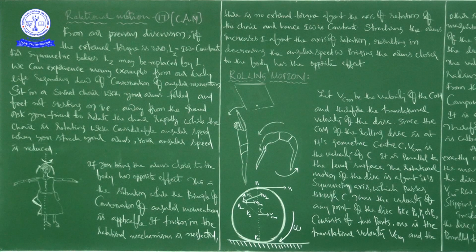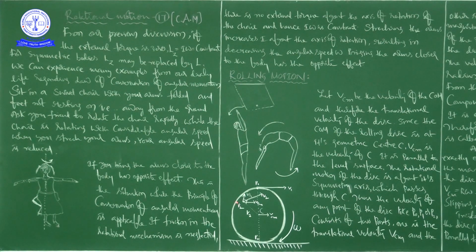Thus, the velocity of any point of the disk like P0, P1, P2 consists of two parts. One is the translational velocity VCM and the other is the linear velocity VR on account of rotation.